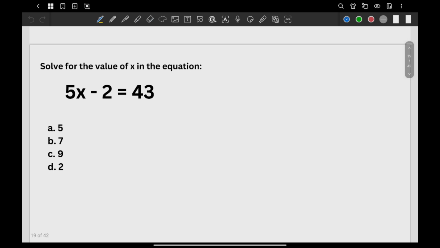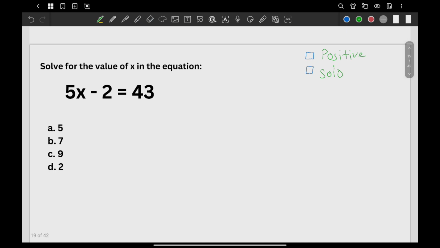In solving algebra, solving for values of x, values of y, or whatever variables, there are always two rules that you need to consider. It is this: positive and solo. What does it mean? For you to know the value of a certain variable, you should make sure that the variable is already positive and solo on one side of the equation.